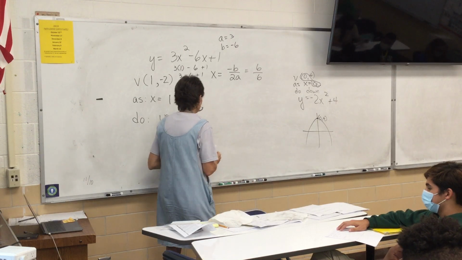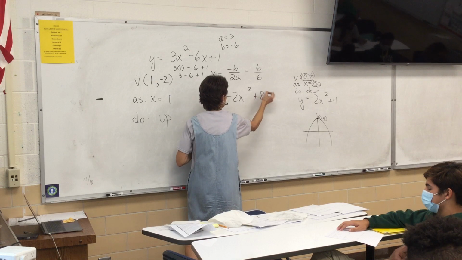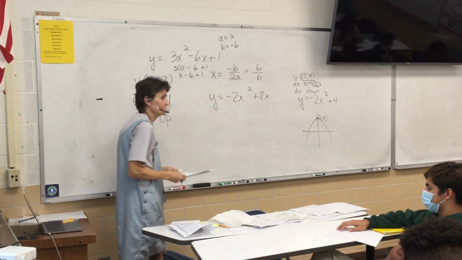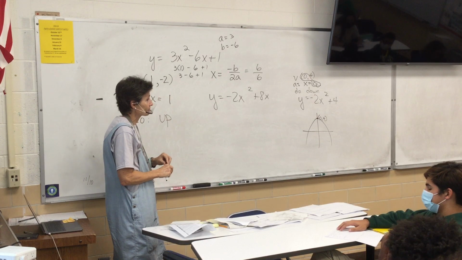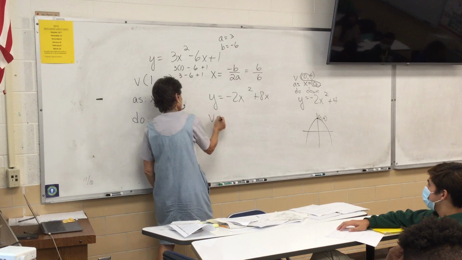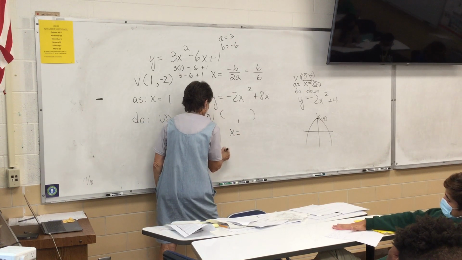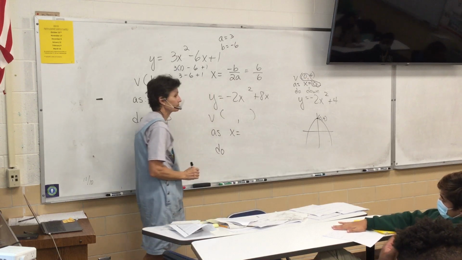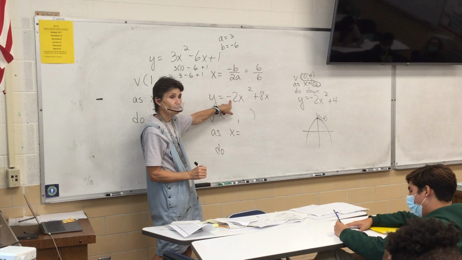Let's try B. We need the vertex, the axis of symmetry, and the direction of opening. What's our direction of opening going to be this time?